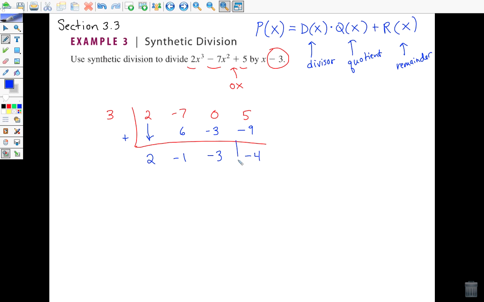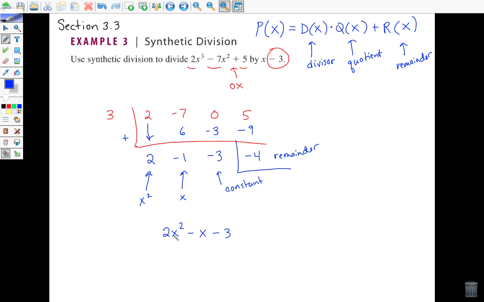So the last number is always your remainder. This is your constant term. This is your x term. This is your x squared term, and on if you had more terms. So the quotient would be 2x squared minus x minus 3.